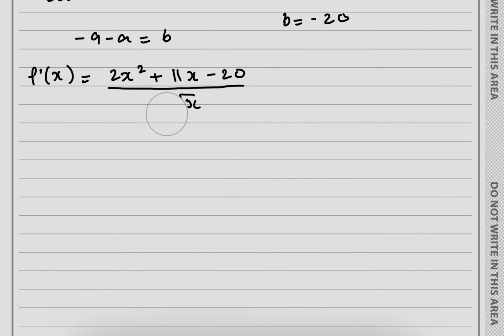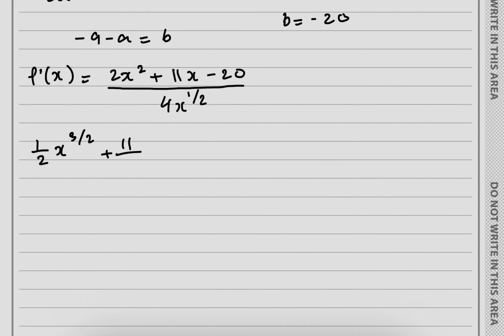So first of all, what I'm going to do is just rewrite the denominator as 4x to the half, and we have to divide each term by the denominator. So 2x squared over 4x to the half. 2 over 4, that's 1 by 2. 2 minus a half, that's 3 by 2.